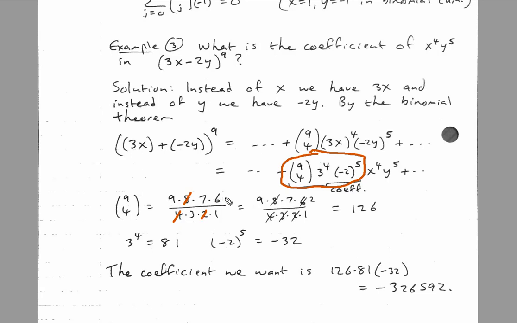We're multiplying all these numbers together on top, and all these numbers on the bottom, so we can cancel common factors. Cancel the 3 out of the 6 to get 2. So what's left? 9 times 7 times 2. 63 times 2, that's 126.